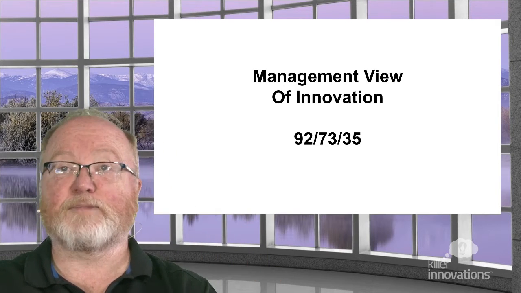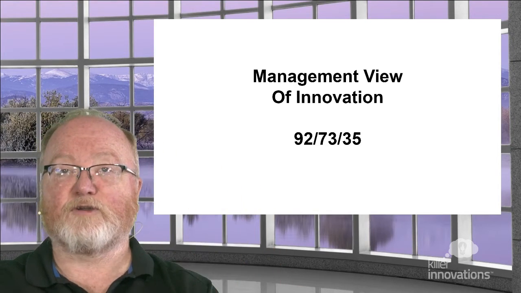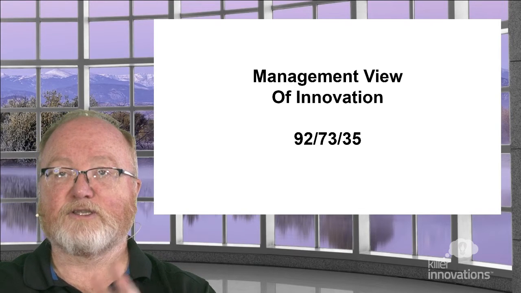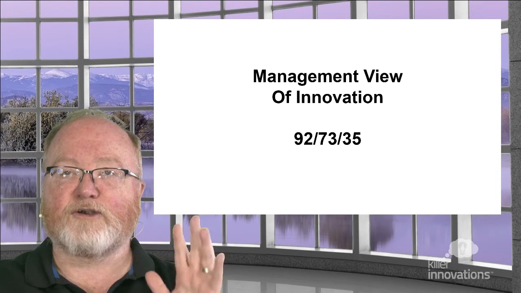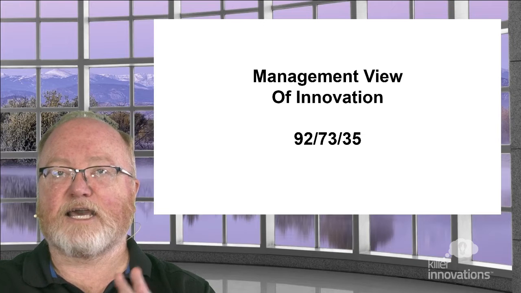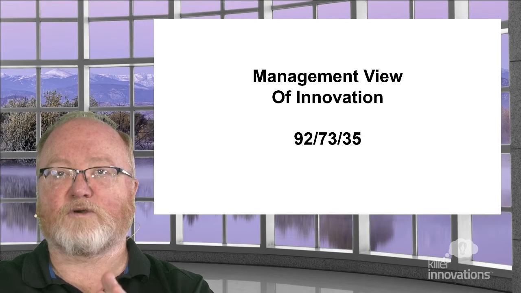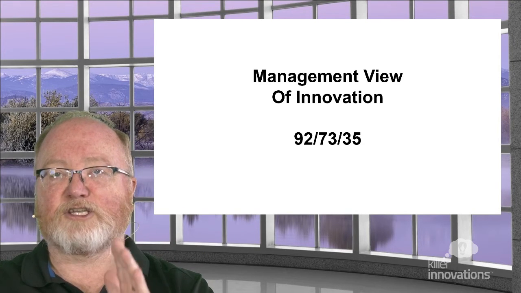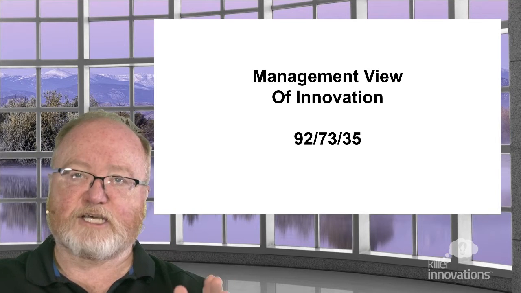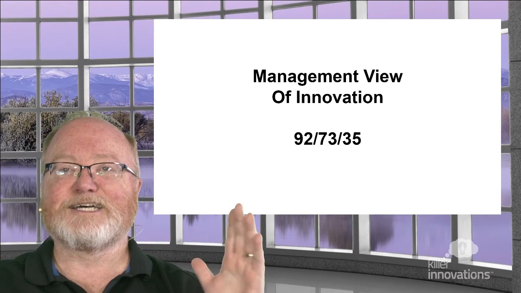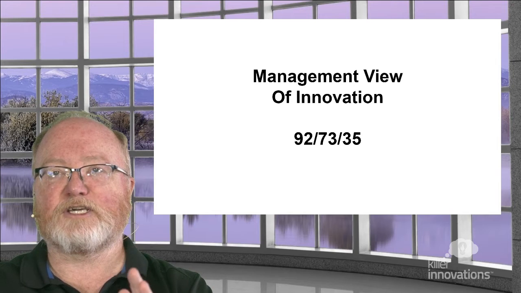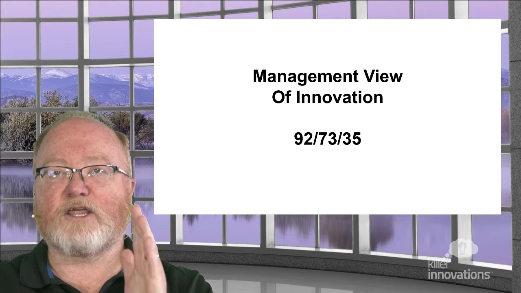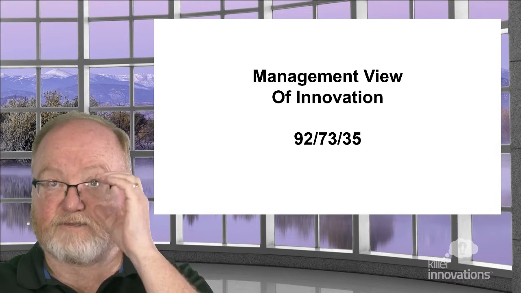So if you're a public company, innovation is very important to your share price. Those same CEOs, 35% say they have a high confidence within their organization to have a sustainable way of translating ideas into innovations. Only 35% of CEOs have confidence in their ability to execute.